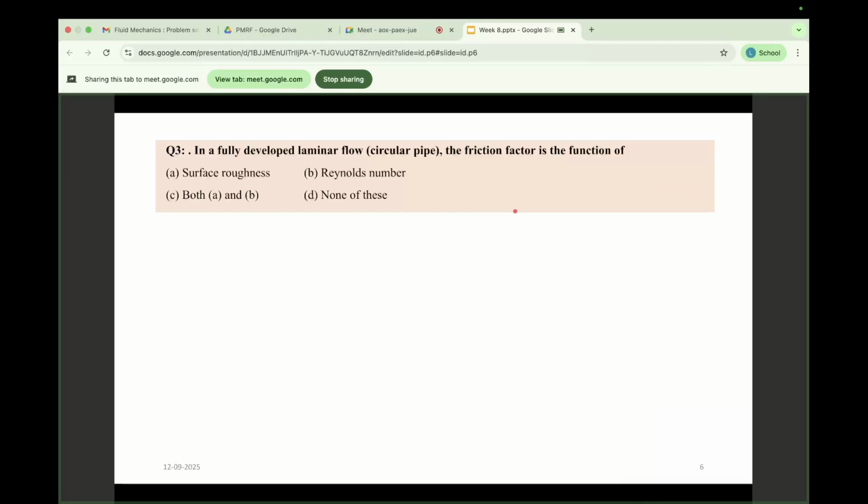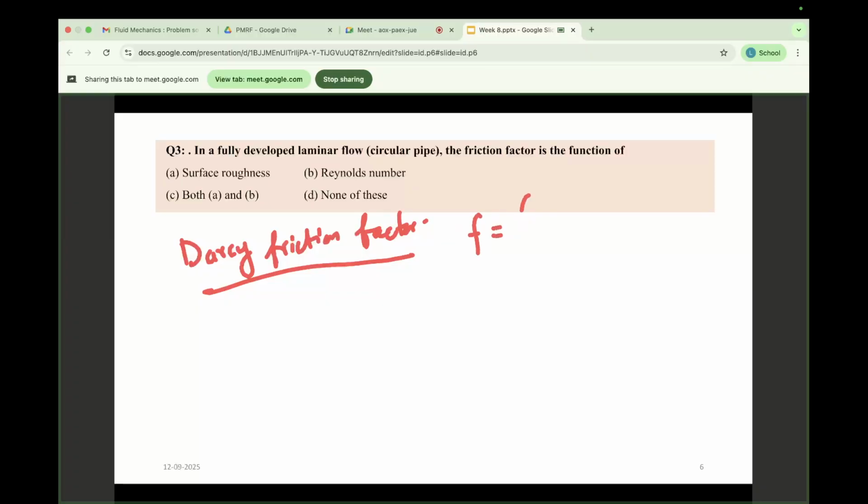I think that you have studied the Darcy friction factor, right? So what is the Darcy friction factor? Basically, it's a formula which relates the friction factor with the Reynolds number, which is 64 by Reynolds number.